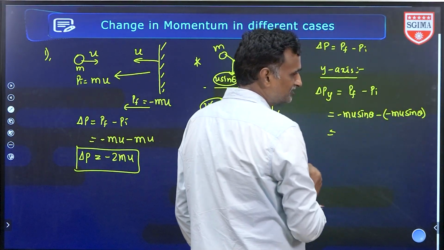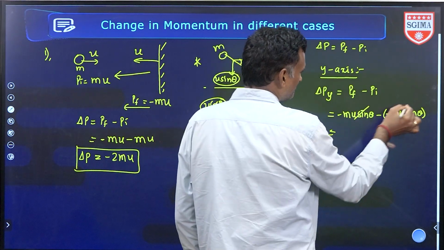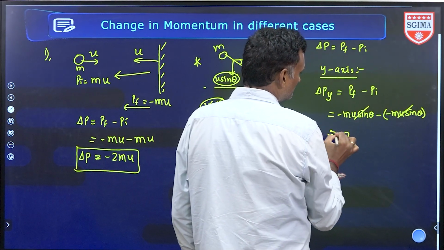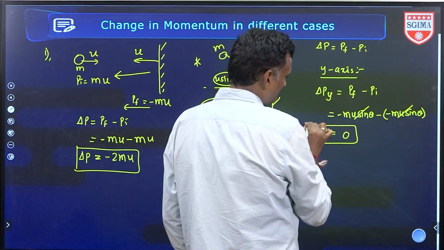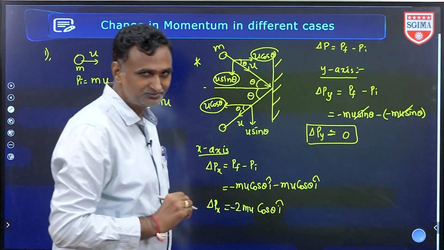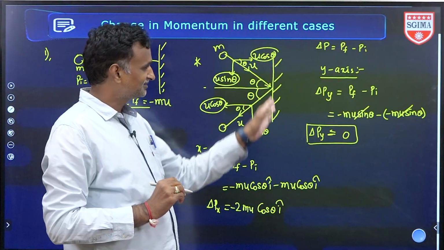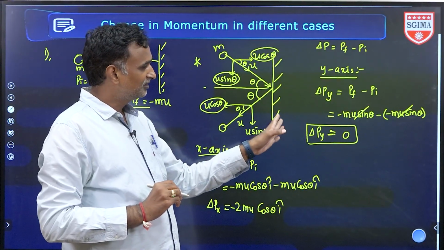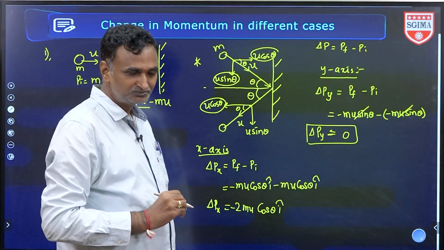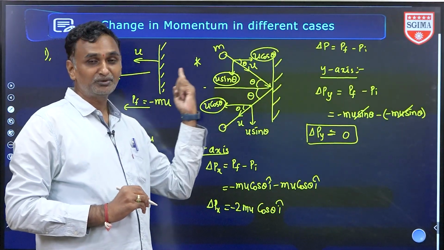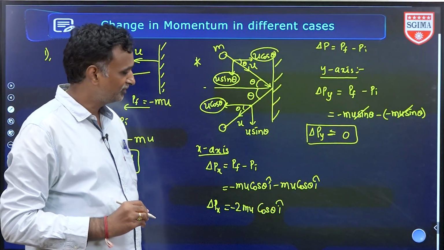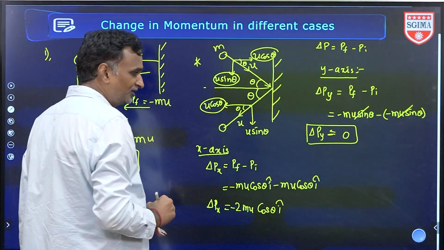Actually minus into minus is plus, so this answer is 0, which means in this case there is no change in momentum along the wall. The wall means the y-axis only. So along the wall there is no change in momentum, but the change in momentum takes place perpendicular to the wall. This is the scenario we get.